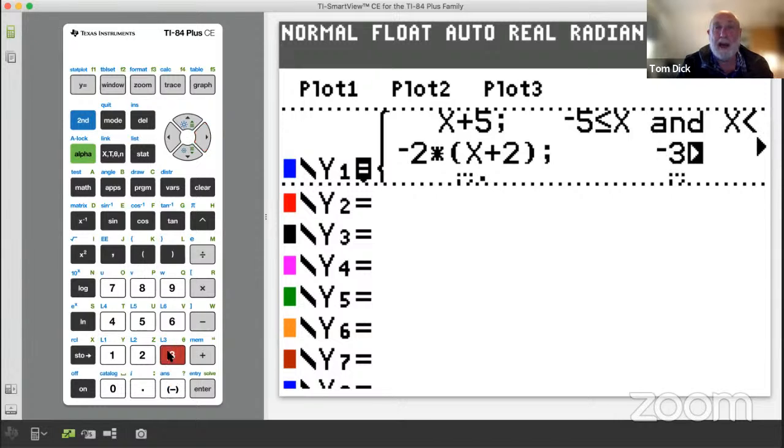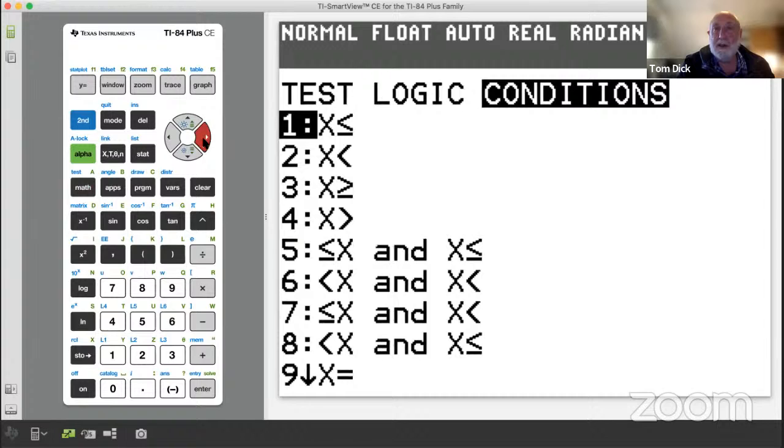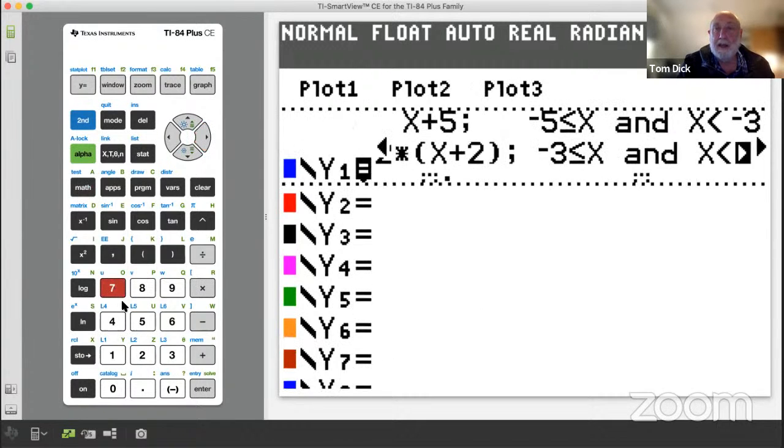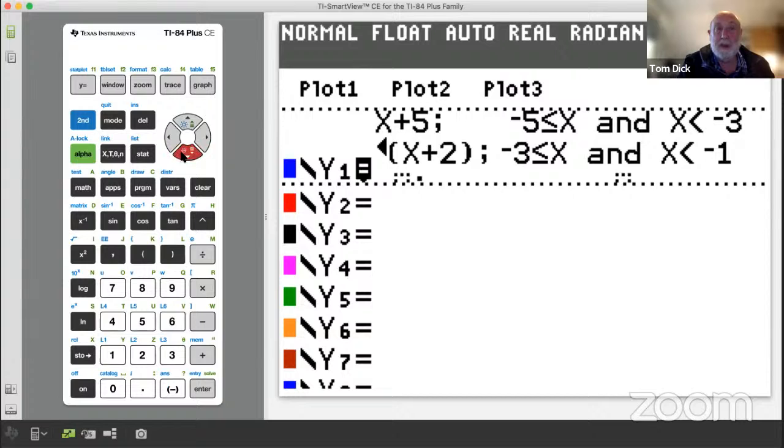Notice it's starting out from where the other interval left off. Then I'll go to the conditions menu on TEST, and do 7 again. The next endpoint I'll put in is -1.